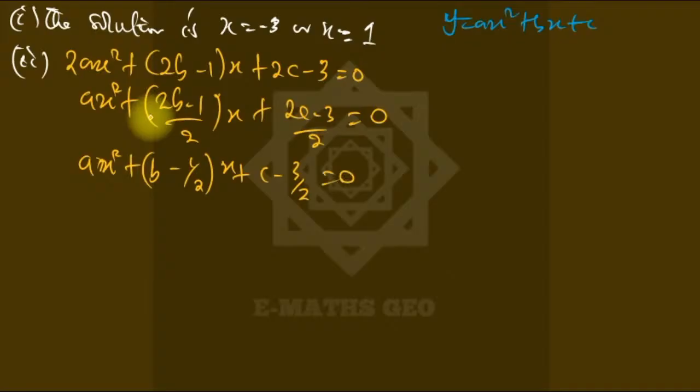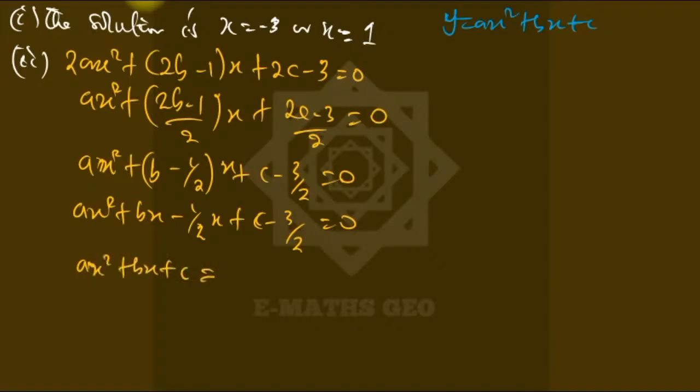And if we open up, we have ax squared plus bx minus 1 over 2 x plus c minus 3 over 2 equals 0. So we now have two functions, which are ax squared plus bx plus c, and if you move this one to the other side, which is half x plus 3 over 2.